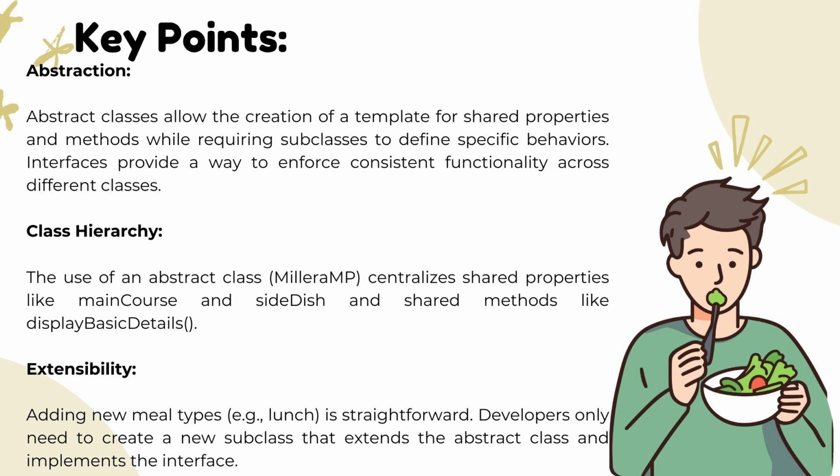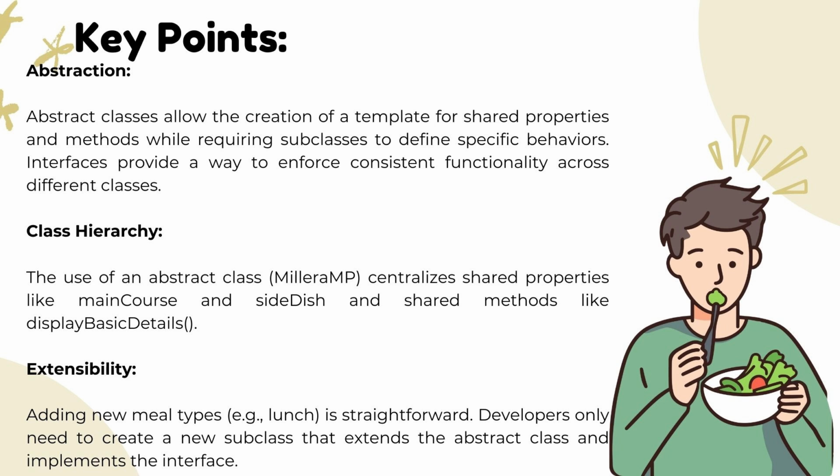Based on the code, we use abstraction to define the Biliera MP class as a blueprint for meal types, allowing the Sugi Dinner and Tolentino to provide specific implementation for meal details while sharing common properties like main course and side dish.